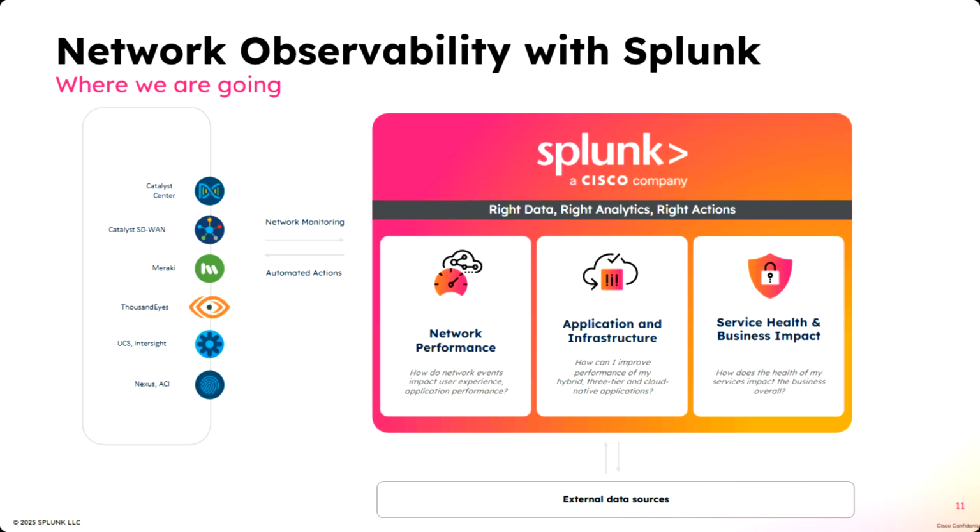And third, an important aspect: when the network or IT goes down or has bad health, what is the real impact on the business? It's almost like answering the so-what question. Hey, we have a network outage, so what? What is it really impacting? If it's a test network outage, it's not as much of an impact versus a particular site going down and actually impacting your business in terms of revenue and more. Those are the 3 dimensions we talk about when it comes to network observability with Splunk.